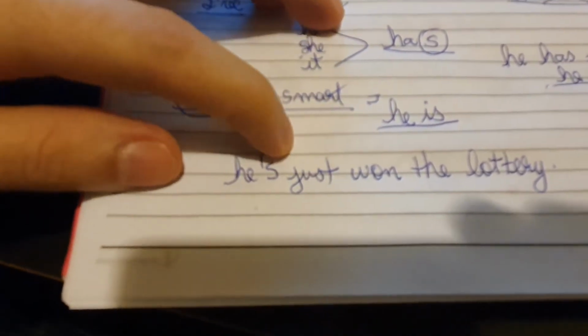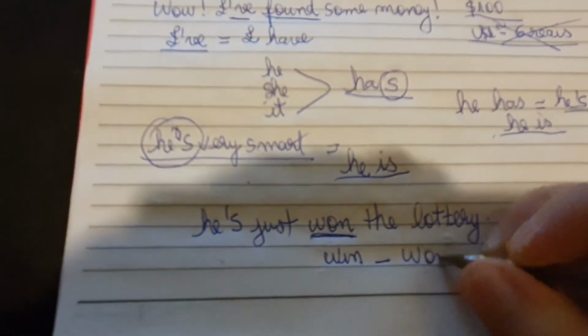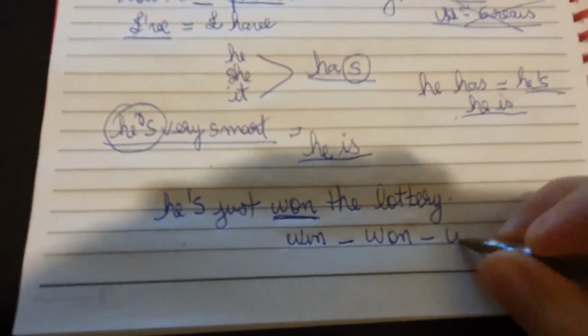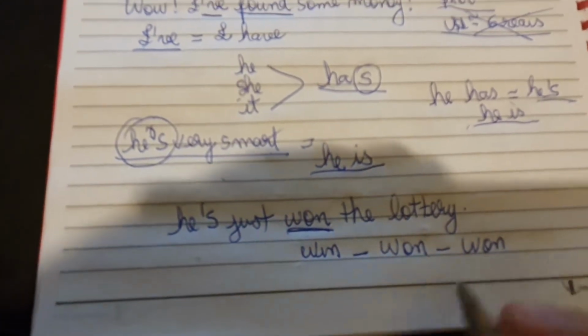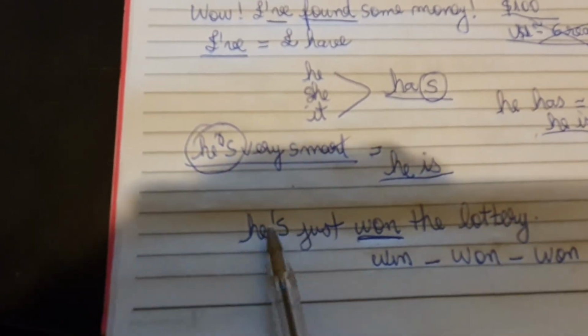Because he has and is followed by a verb in the past participle, won. You have the verb to win. The simple past is won. The past participle is won. Win, won, won. So he has just won the lottery, right?